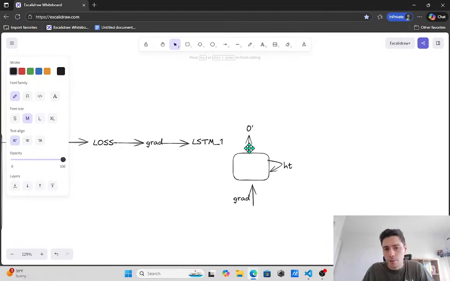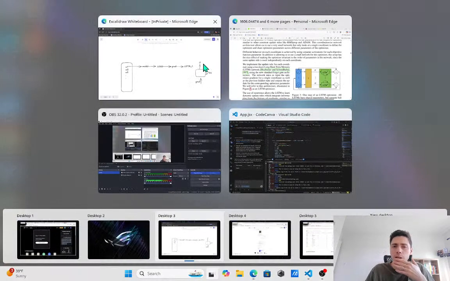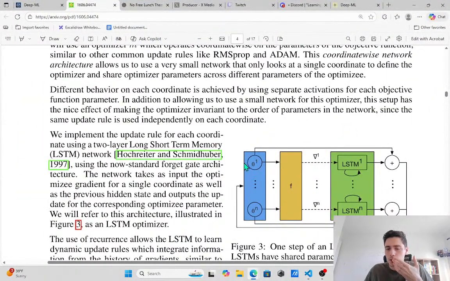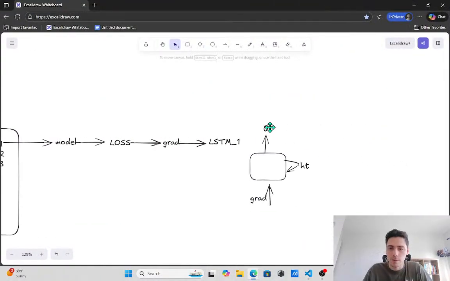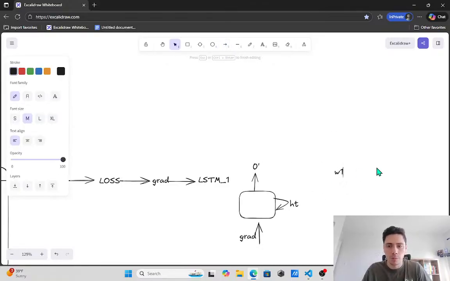And what will happen here is, pretty sure it's weights plus O prime in our case. Once we get this value here, it would be W1 plus the output from here.